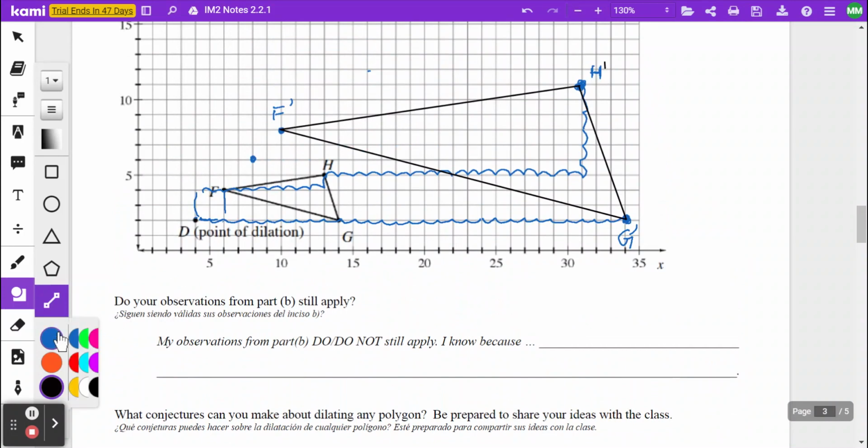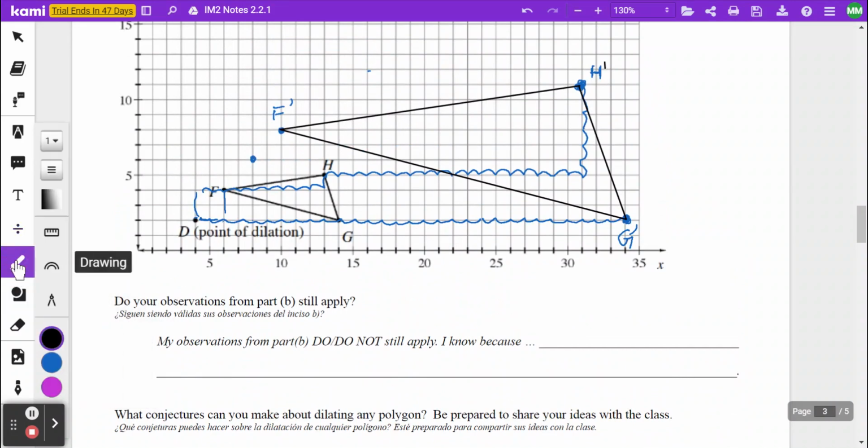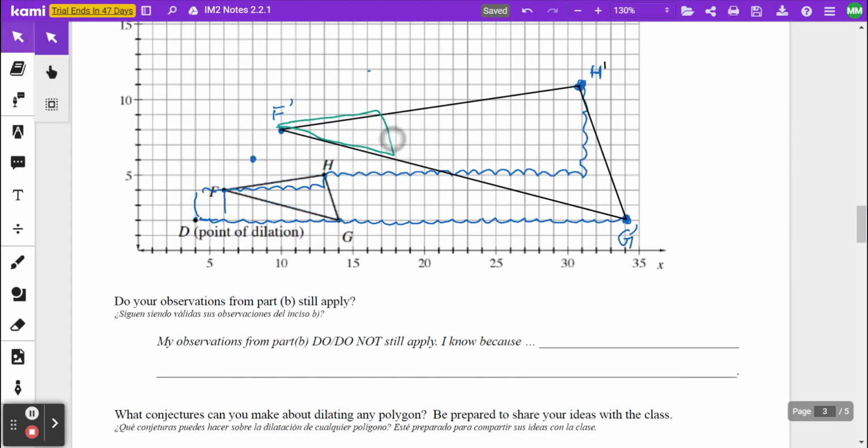I will check the angles first by tracing the small shape and moving it on top of the big shape. Okay, angle F and F prime are the same. Angle H and H prime are the same. And angle G and G prime are the same.